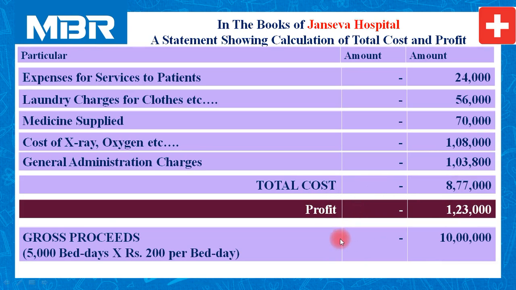So using the same mechanism as we have applied in theatre, we need to calculate the amount of profit in order to calculate the amount of gross proceeds. But in this question, it is not a matter of worry, because the examiner has provided ready-made information related to gross proceeds. Total cost is derived from the total of all the expenses. So the amount of difference is referred to as profit.